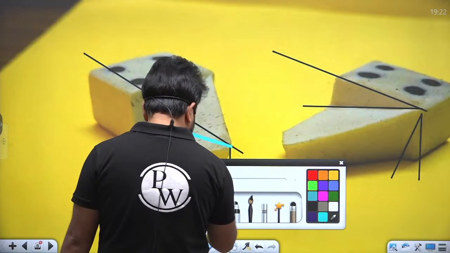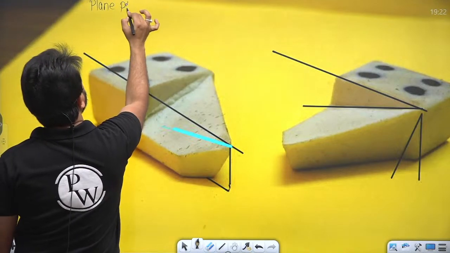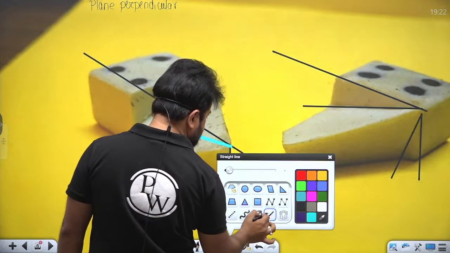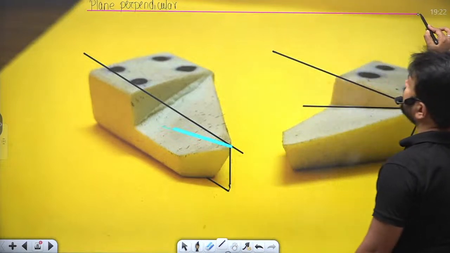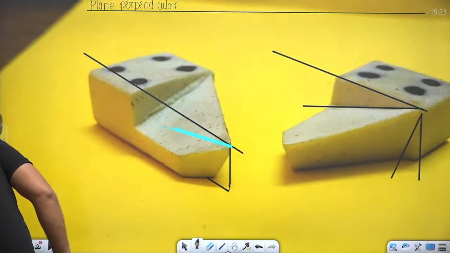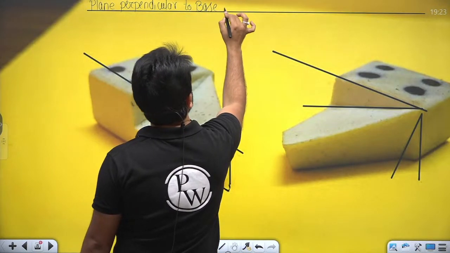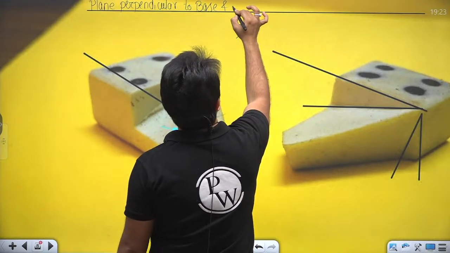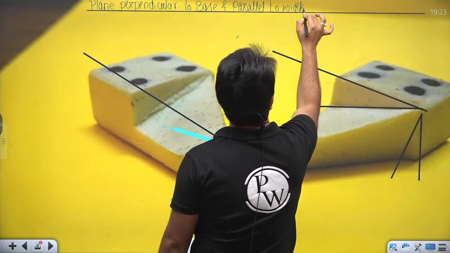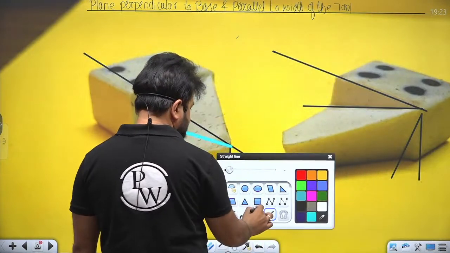Now you have to take a plane perpendicular to base and parallel to the width of the tool.